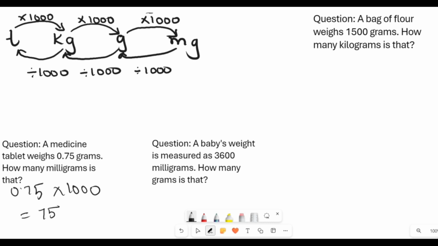After your non-zero number, add the number of zeros in 1000, so you will add 3 zeros, and then count how many decimal places there are. So it's 2 decimal places, so the 0 after the decimal is meaningless, so that will be your 750 milligrams.